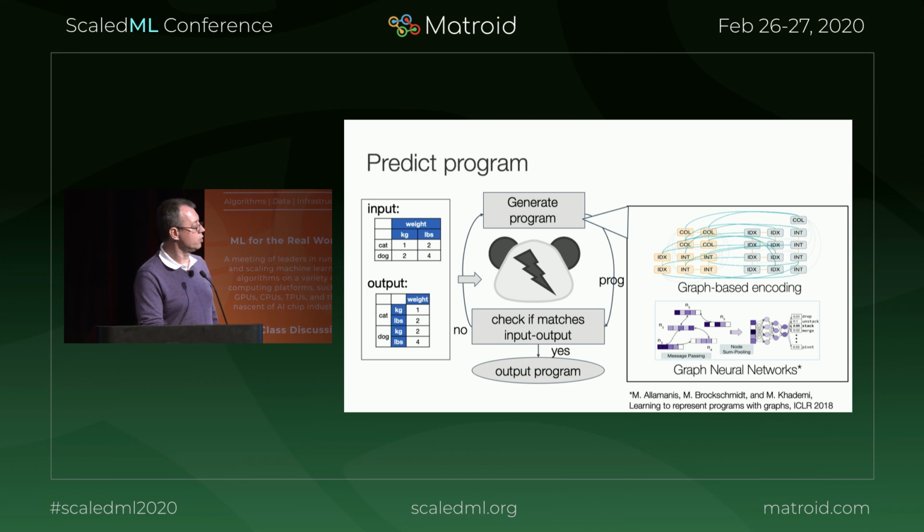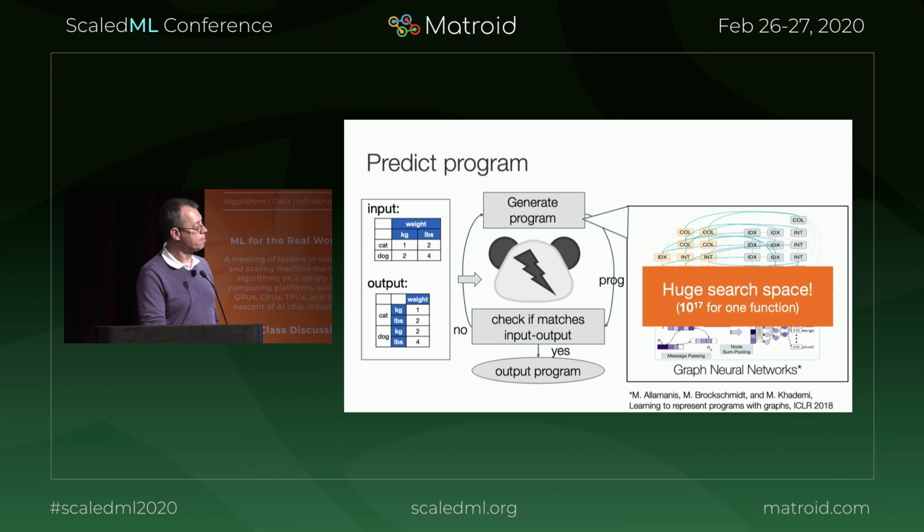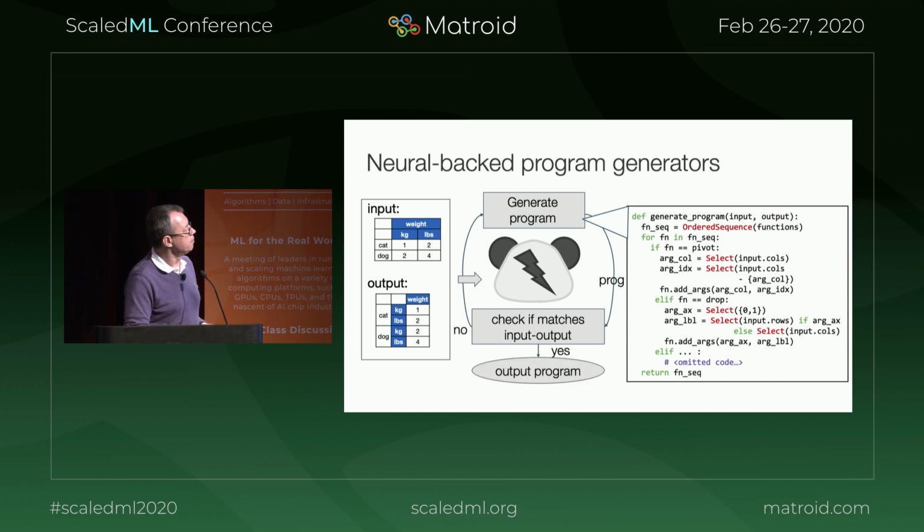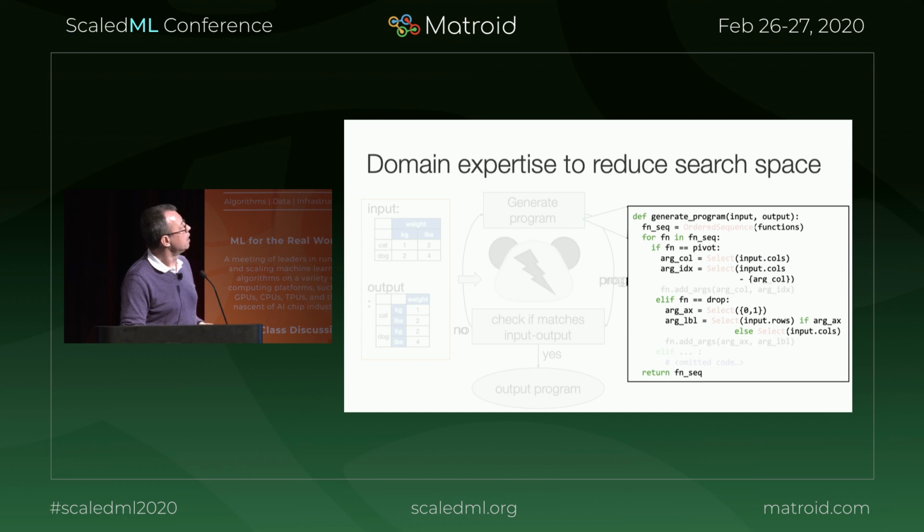Then we use graph neural networks to come up with the program. But it's still a huge search space. So the trick we use here, and I think this is something you can do in many applications, is to use domain expertise to reduce the search space.